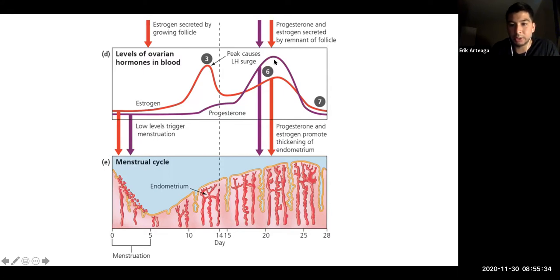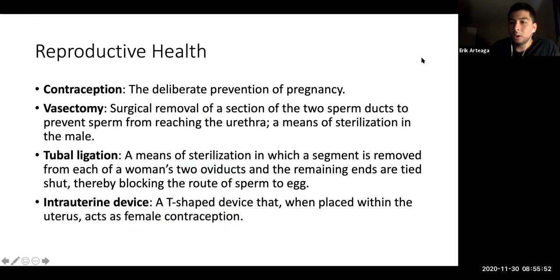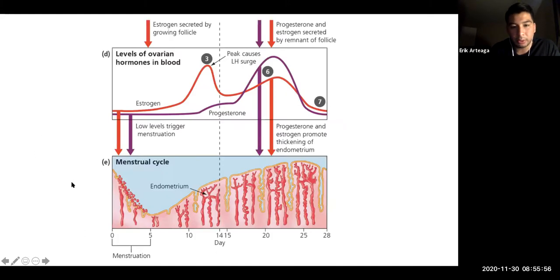This is what's going to trigger either the implantation or your menstrual cycle. Then it'll continue here. At the end of this, it just starts here. You have the deterioration in your menstrual cycle. All right, so your ovulation, I think I mentioned this. I don't know if I wrote it down.